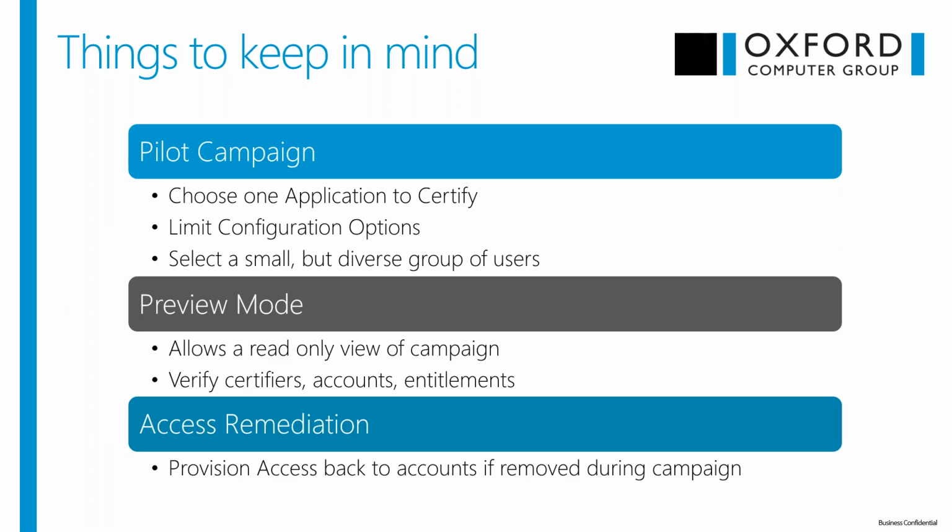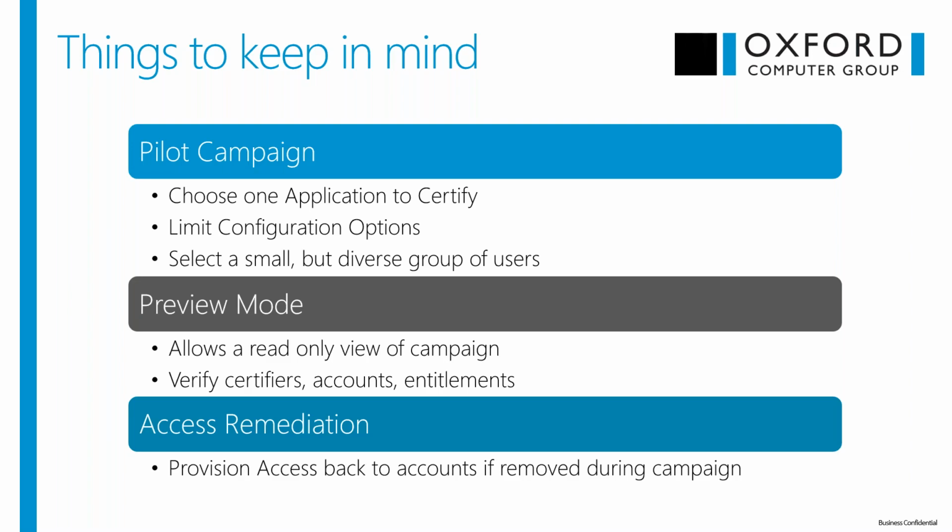So I always say, let's do a pilot campaign first. Let's choose just one application to keep the account entitlement base down, and let's limit the options that we put in that campaign. Again, we're not going to review everything and how to create a campaign today, but if you've been using Saviynt, if you've used other attestation products out there, they've put a lot of options in there of what you can do.